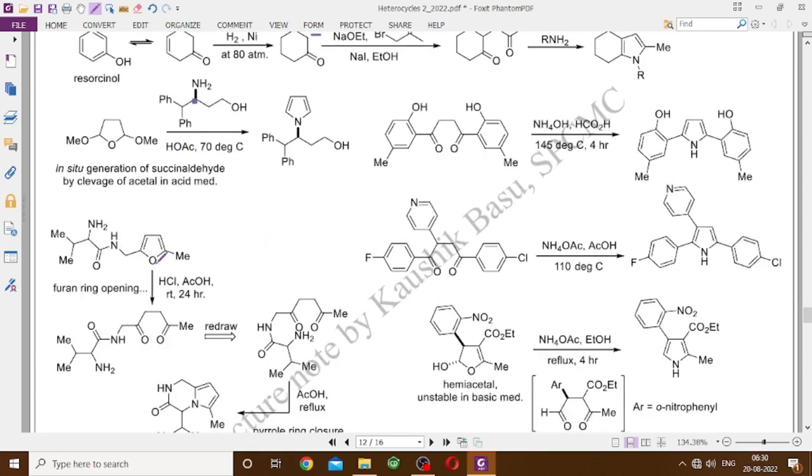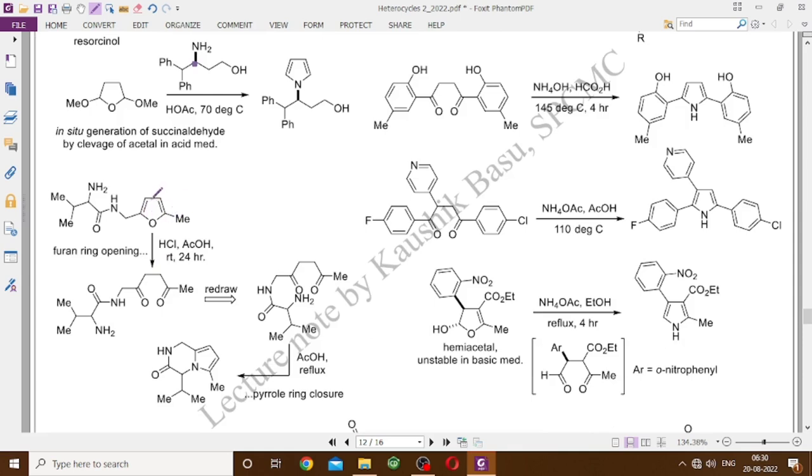Here we have a unique example where a furan nucleus is present and an NH2 group is also present, which will act as a source of the pyrrole nitrogen. If you treat this with hydrochloric acid in acetic acid medium, say you keep it in contact with acid for a day, this furan ring will actually open up, because we know that furans are enol ethers susceptible to acid hydrolysis.